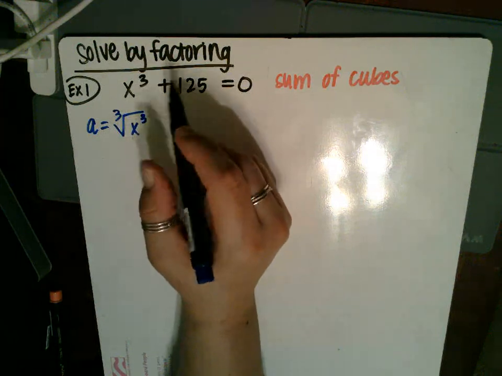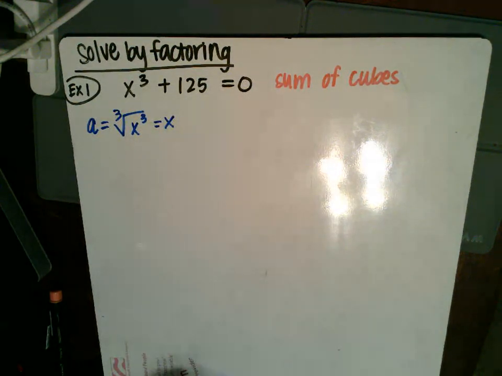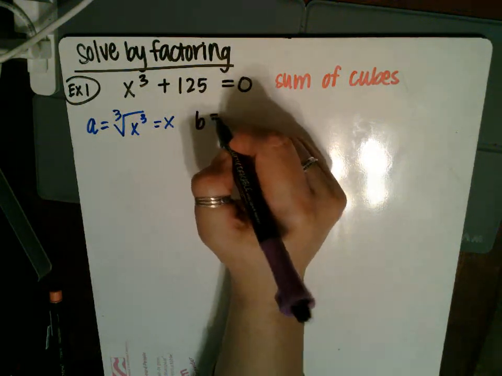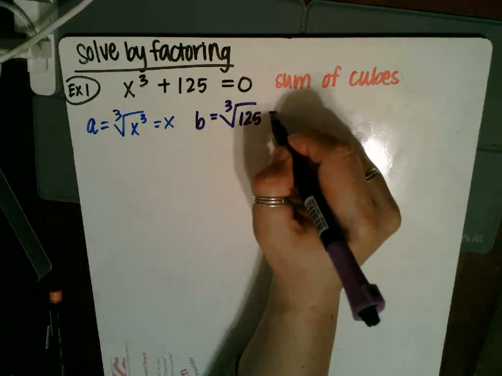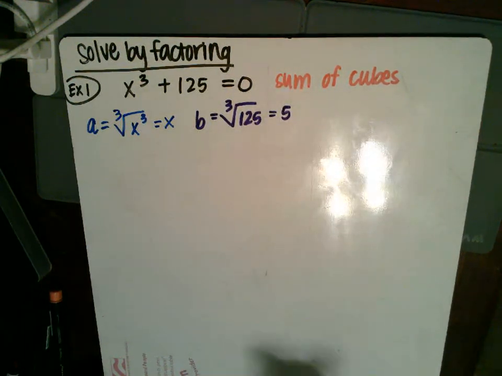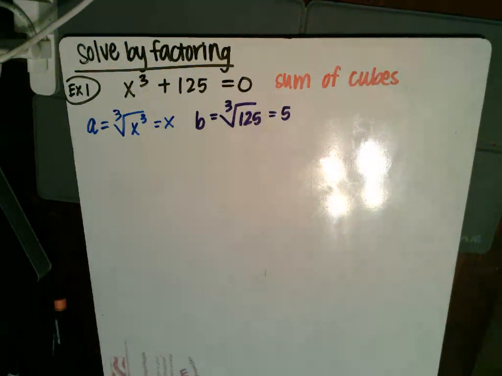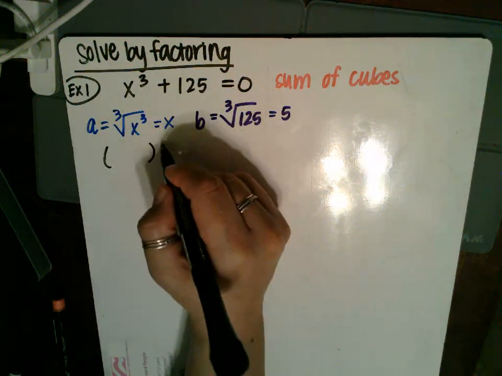The cube root of x to the third is just x, because x times x times x is x to the third. And my second one is going to be the cube root of 125. Since 5 times 5 times 5 is 125, that's what that value is going to be. So I end up factoring the left-hand side, x to the third plus 125, as the following.